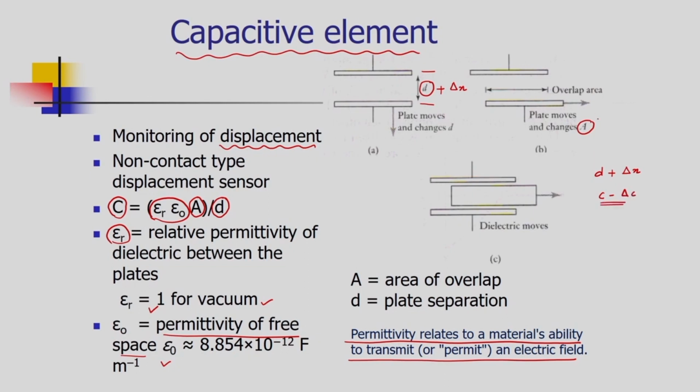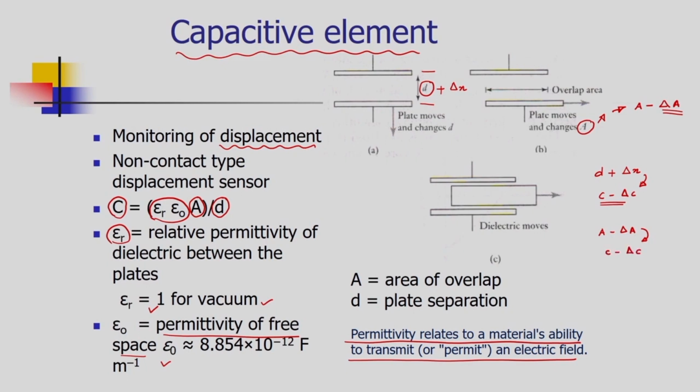If we are increasing or decreasing the overlap area, that also affects the capacitance. Here you can see the area in this case is reduced. I am reducing the area by an amount delta A, so A minus delta A will also reduce the capacitance.